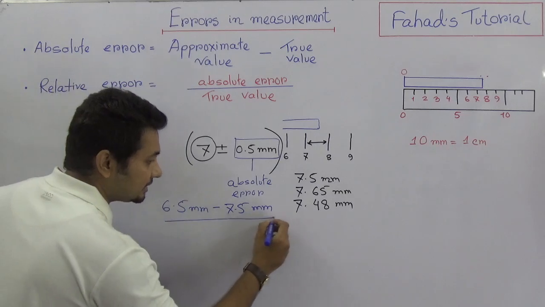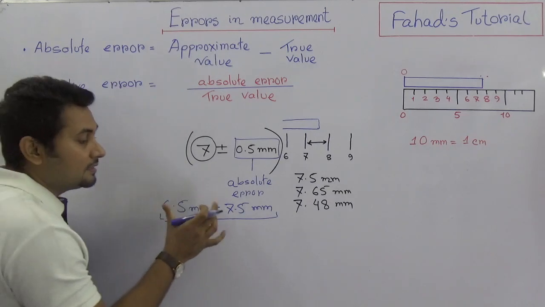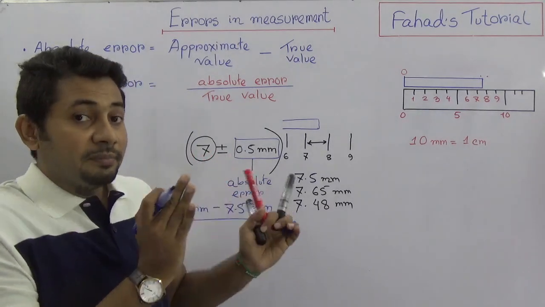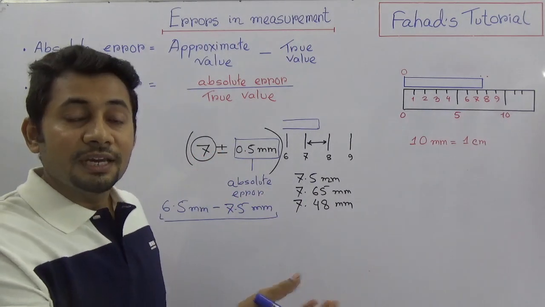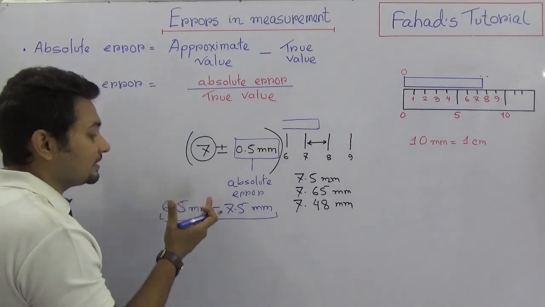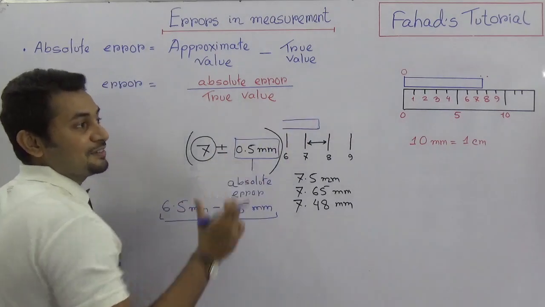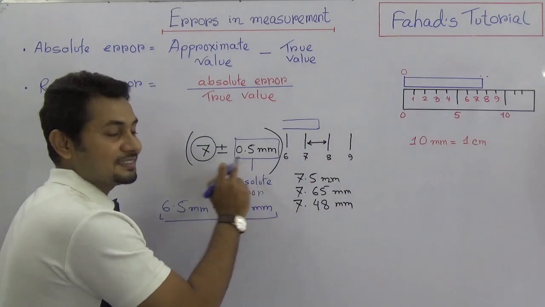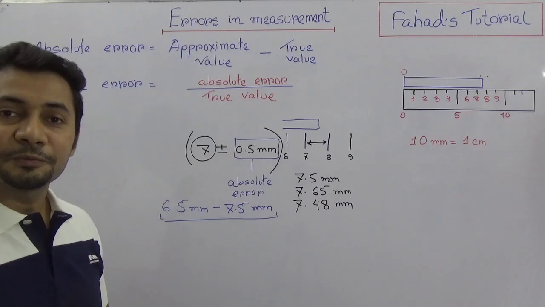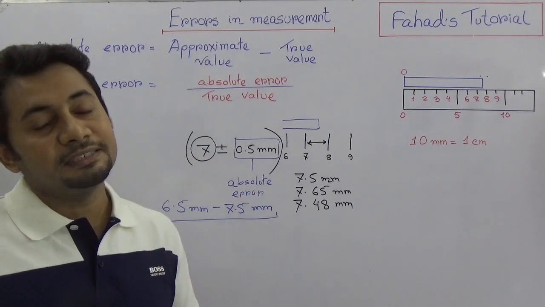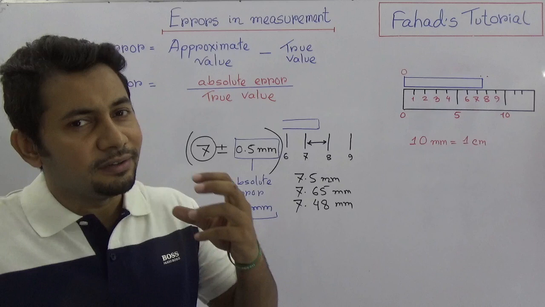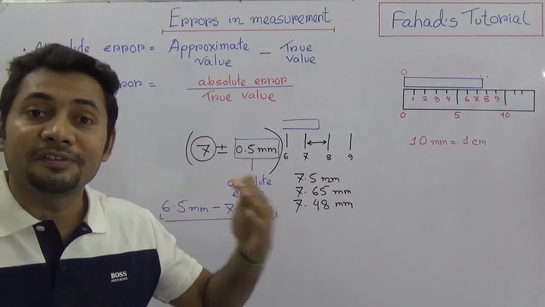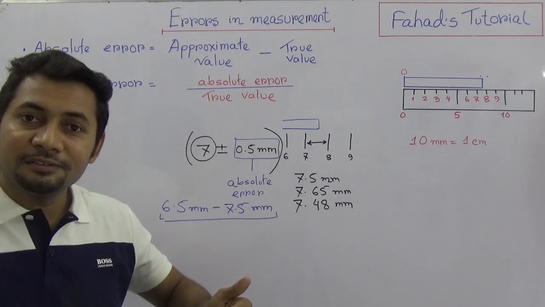So that is the variation that we get. In this variation, the length would be in between. So we are giving a range, and that range is the approximate value of the length of that substance that we are measuring through the scale. So what is the definition? We simply can say that absolute error is the magnitude of the difference between the approximate value and the true value.